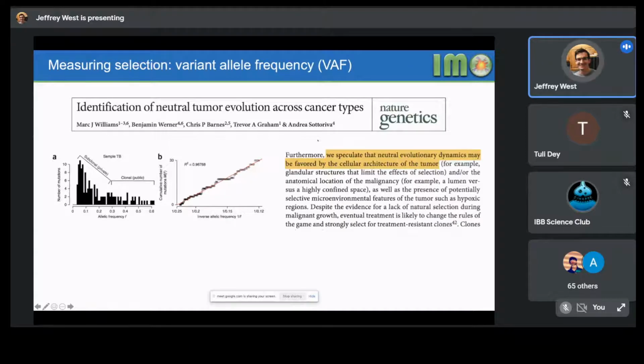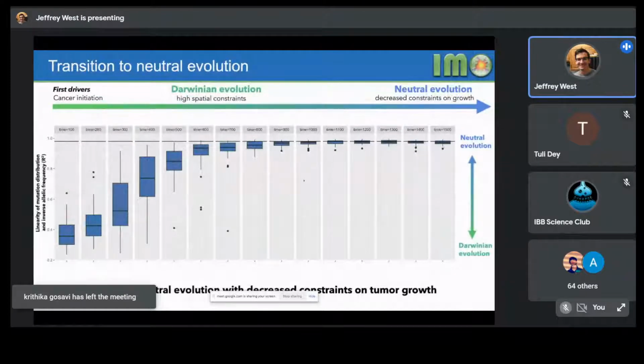But what's interesting about the paper is that they speculate that these neutral evolutionary dynamics may be influenced by the architecture, the tissue architecture, how these clones are competing in space. So let's take that same measurement and just look at it over time. So this is our 1 over F metric.